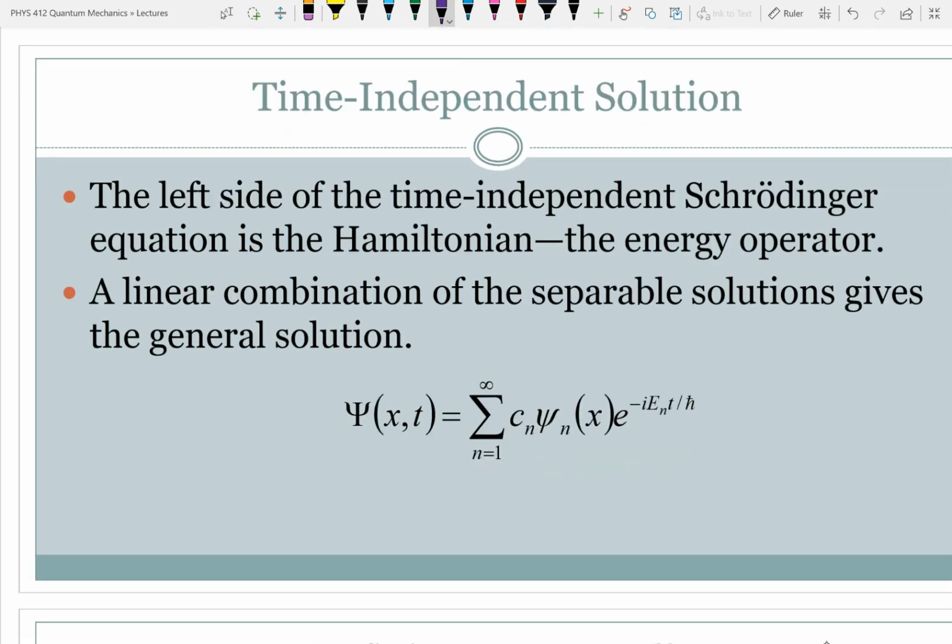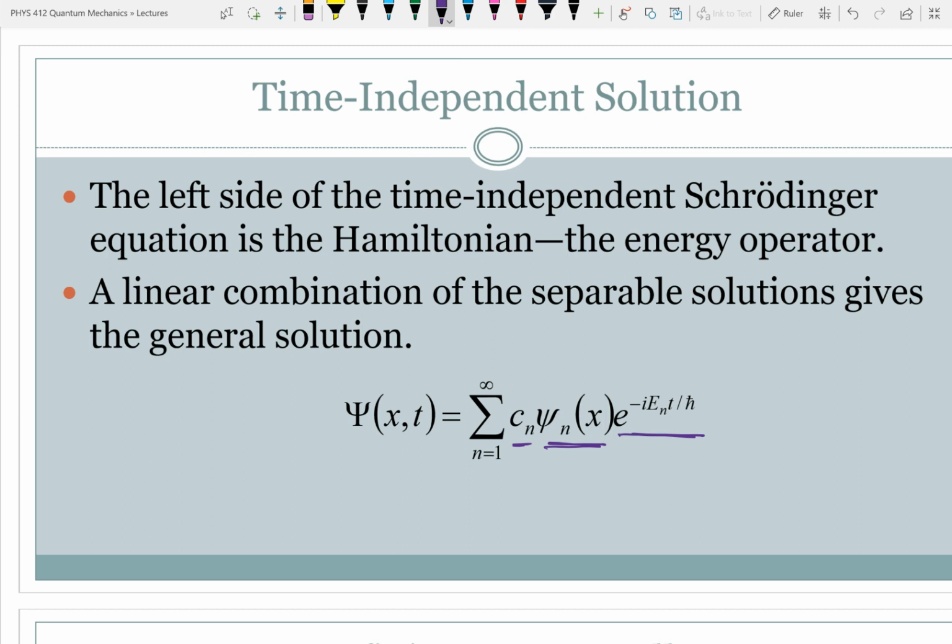Our complete wave function is going to be a linear combination of our spatial wave function and our temporal, our time wave function. The C is telling us basically what percent it's in each state. Think back to the Schrodinger cat problem.